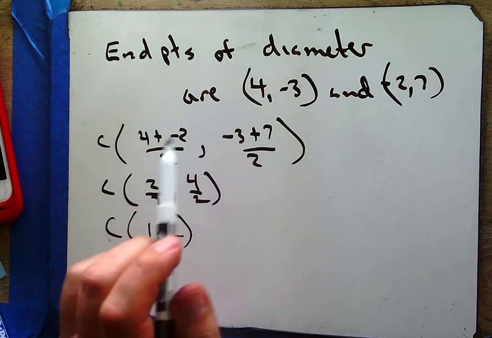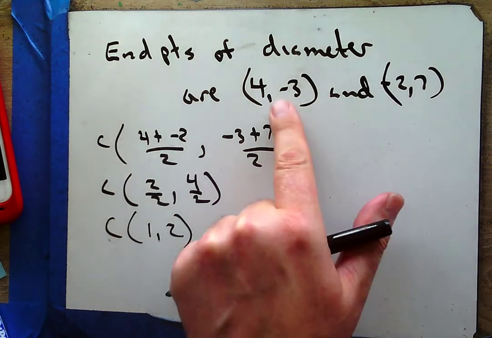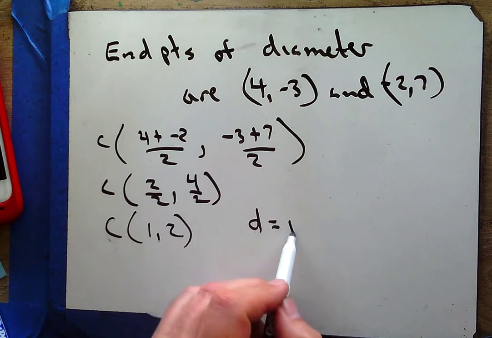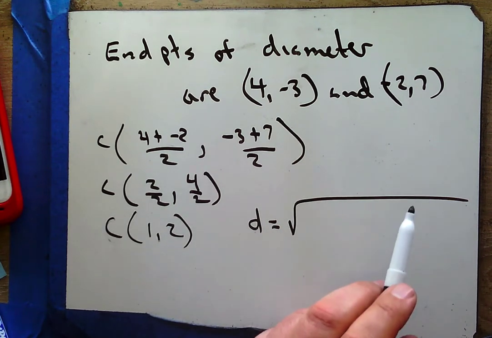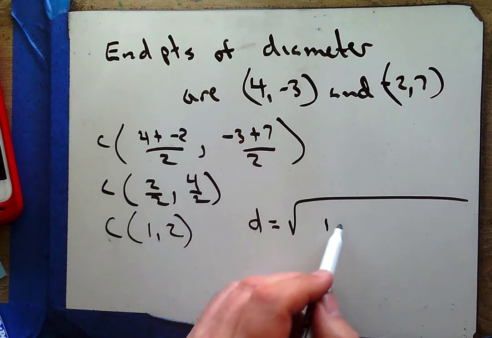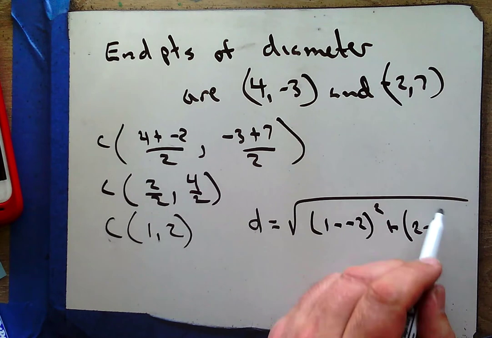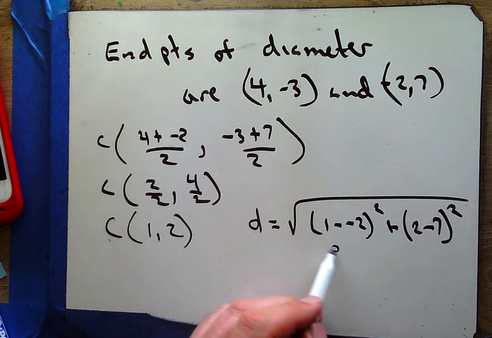I also need the radius, and the radius is the distance from the center to either one of these points. So if I have my distance formula, I can do (1 - 4)² + (2 - (-3))²... using the point (-2, 7): (1 - (-2))² + (2 - 7)². That's going to be 3², or 9.